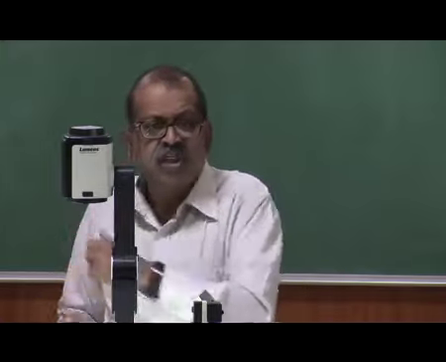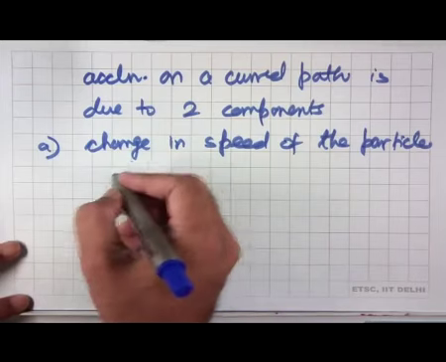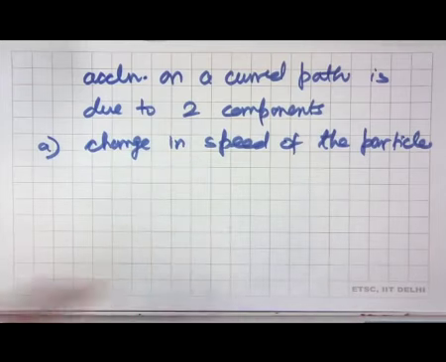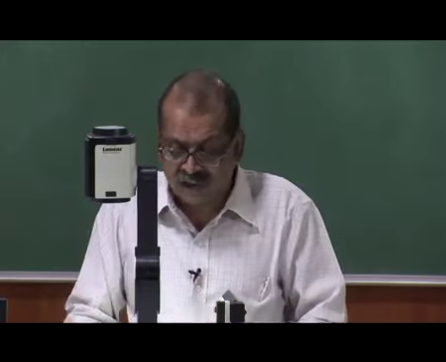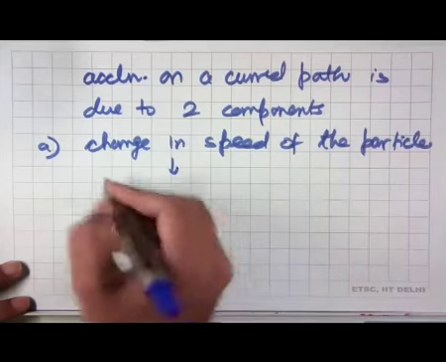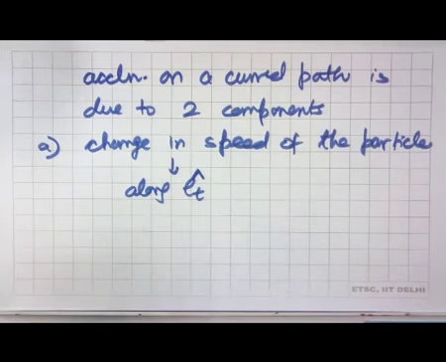Even if the particle is moving along the same direction, if its speed changes, there is an acceleration. So this component is along the direction of the velocity, that is, along E t.